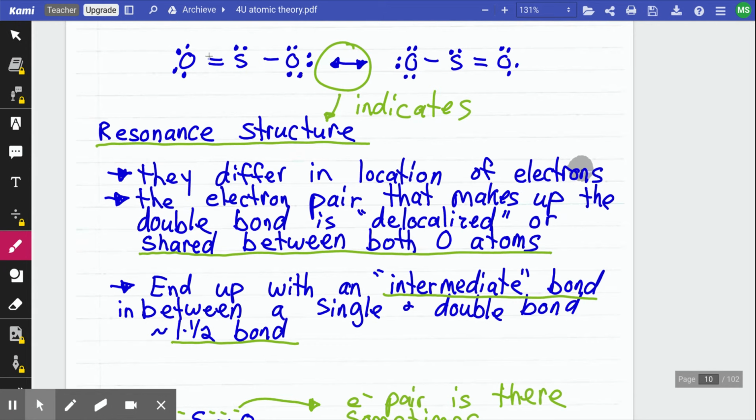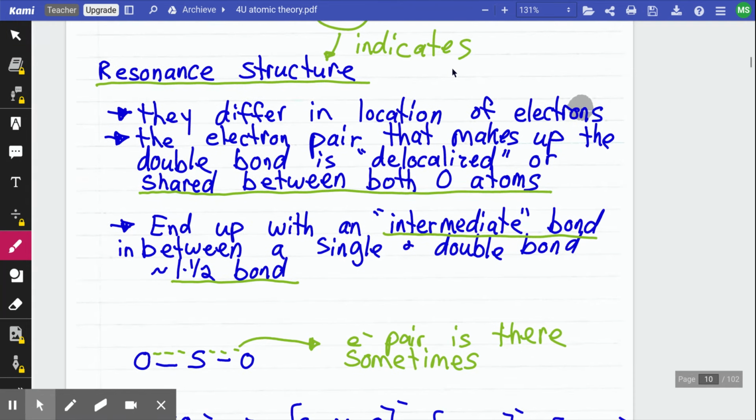Sometimes the electrons spend time between the oxygen on the left and the sulfur. And sometimes the electrons spend time between the oxygen on the right and the sulfur atom.